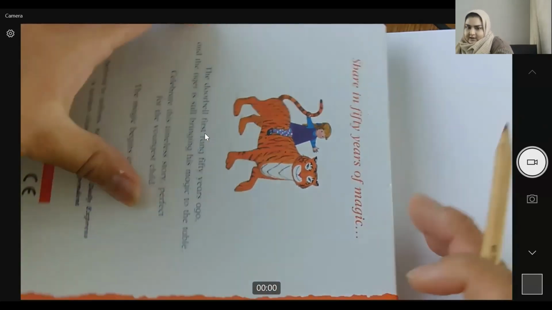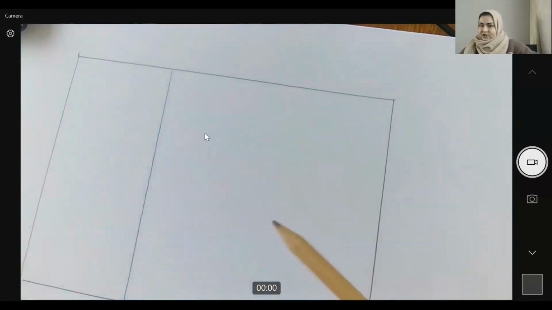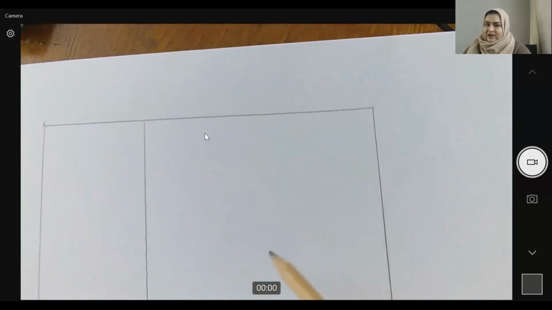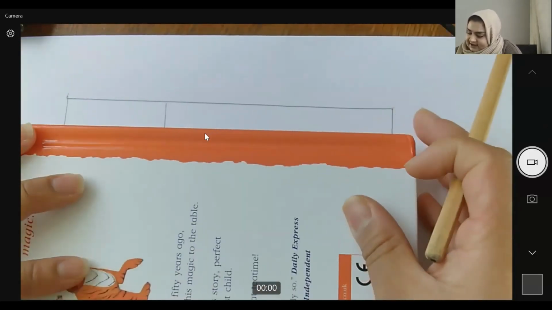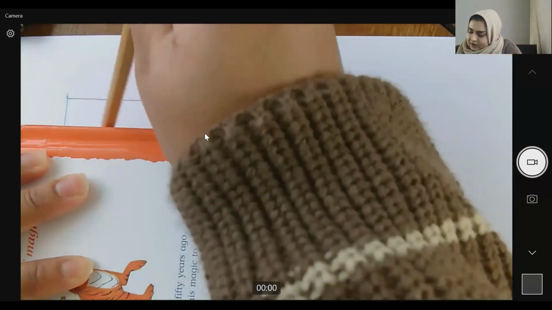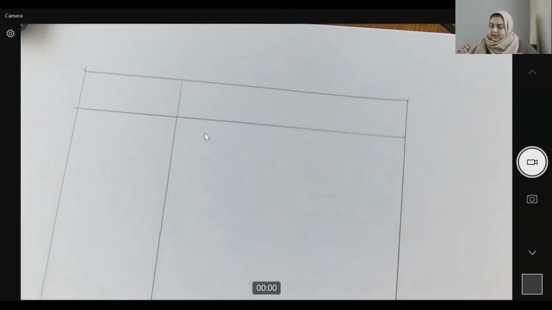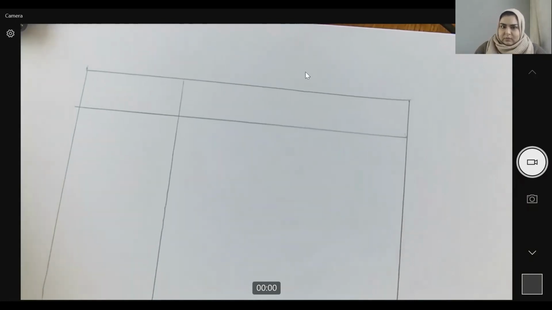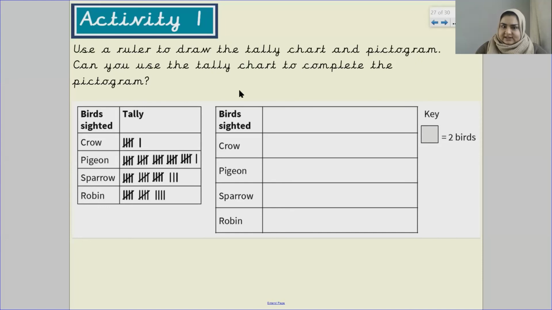Okay, now I have my rectangle. I am going to split it into 2. One side is going to be where I'm drawing my pictograms or doing my tallies, and the other side is going to be where I'm writing the headings. Okay, and then I've split it. Now my headings say birds sighted, and then I have 4 birds that were sighted.